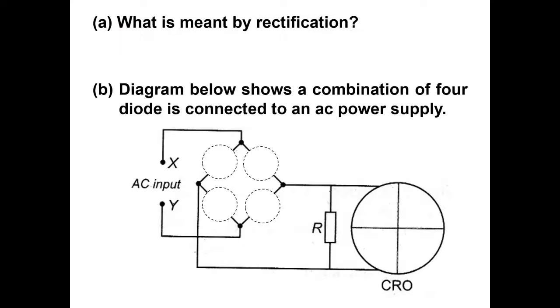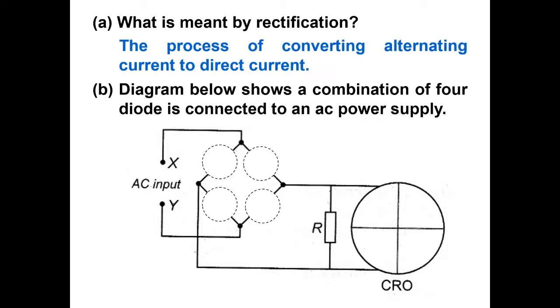What is meant by rectification? It is the process of converting AC to DC current. Diagram B shows the combination of 4 diodes connected to the AC power supply.